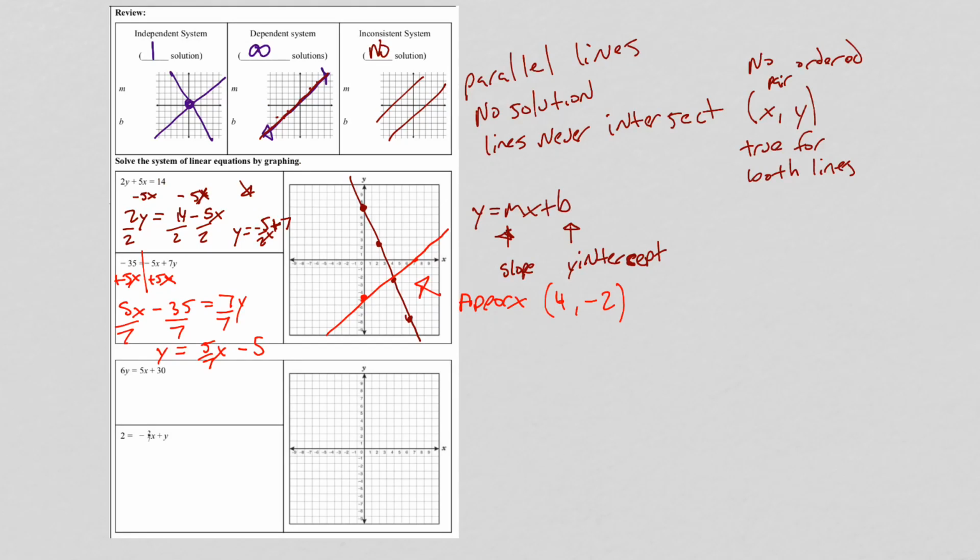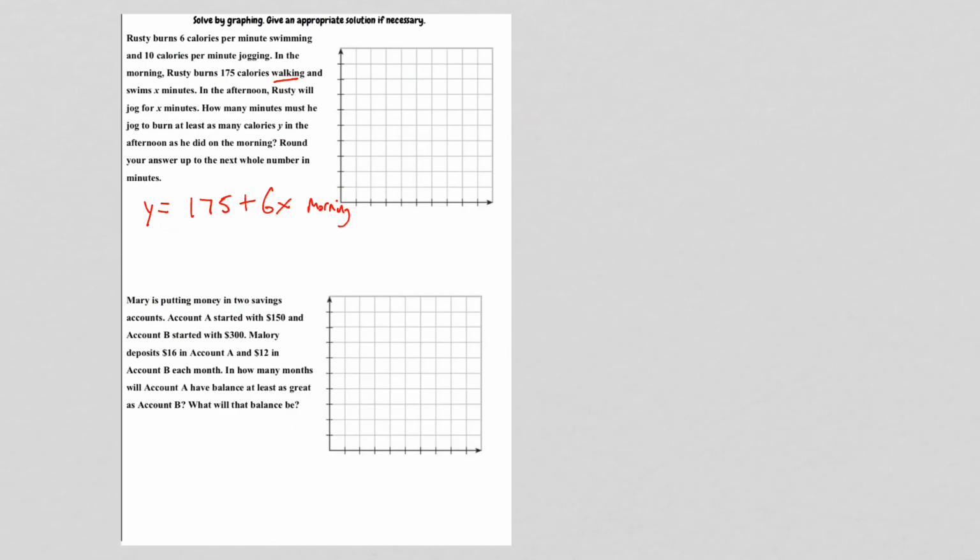And then, sorry about that. The other one wants to know when these two lines will be equal. And what he's doing now is jogging. So he jogs at 10 calories. So this is a line, this is the afternoon.